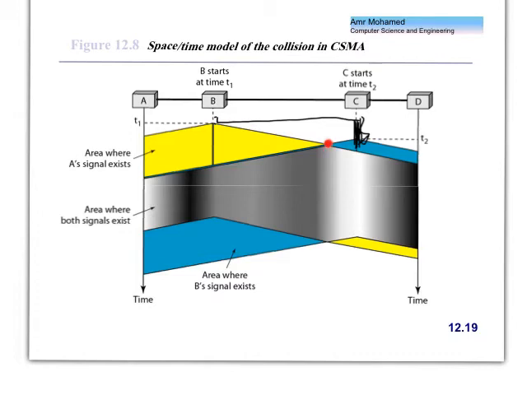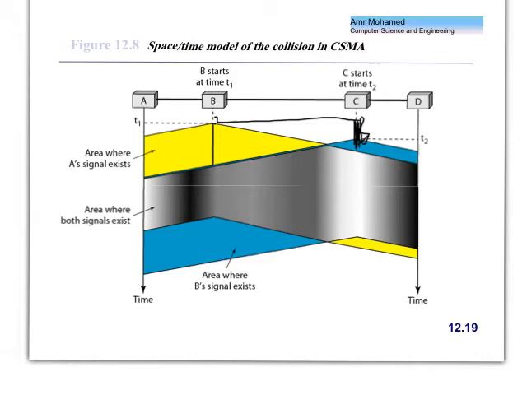Although there is no station, if there is a station here, then this station will detect the collision the earliest, because that's the beginning of the overlap in the earliest time possible. So if I were to have a station here, which in that scenario there is none, then this station will be the first one to detect the collision.